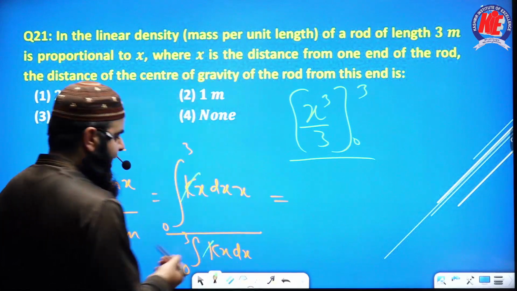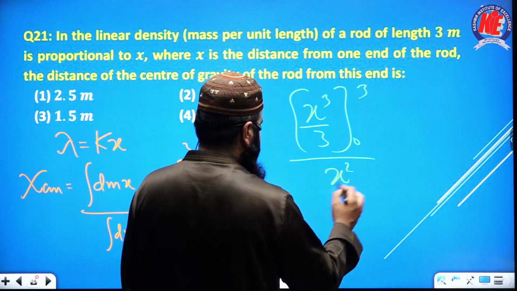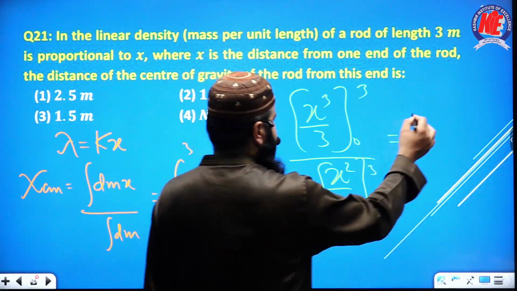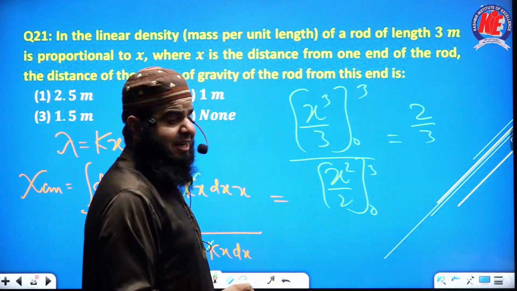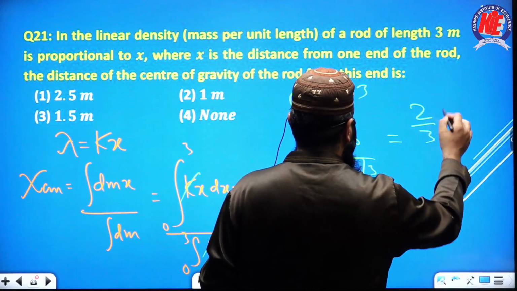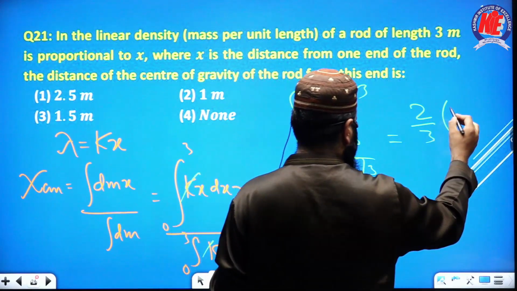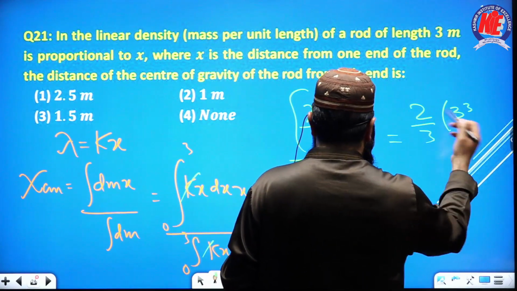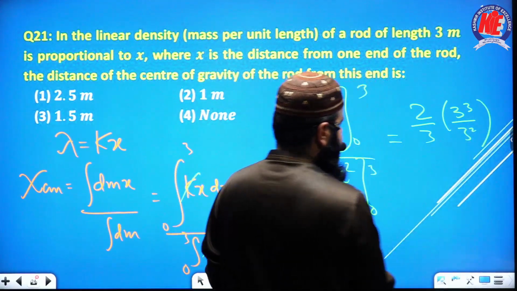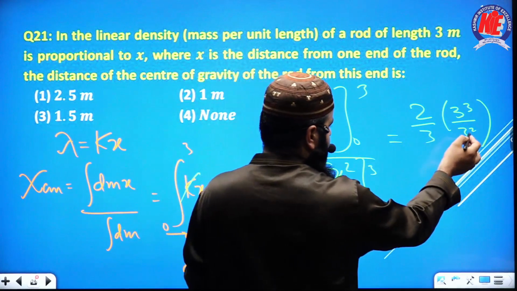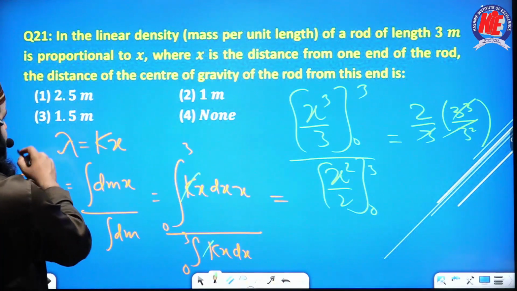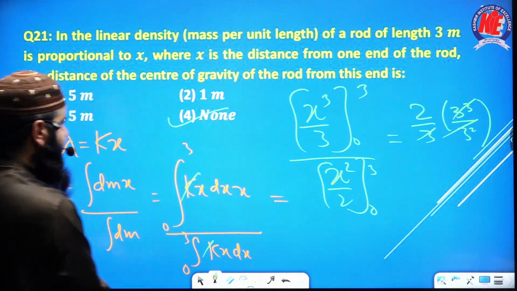In the denominator, x की इंटीग्रेशन x square by 2 and the limits are from 0 to 3. तो थोड़ा rearrange करने के बाद 2 ऊपर चला जाएगा, so that will be 2 by 3, ठीक है, ये वाला 3. अब यहाँ पे x cube upper limit दे दो, so that will be 3 cube, माइनस 0 लिखने की जरूरत नहीं है, यहां पे अपर लिमिट x की जगह that will be 3 square. जरा इसको सिंप्लीफाई करो बेटा. So 3 cube, 3 square into 3 is 3 cube. This will go, you are left with the 2 only. So 2 is going to be the answer. No, that's none, so none is the right one.